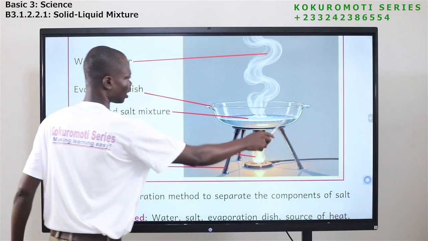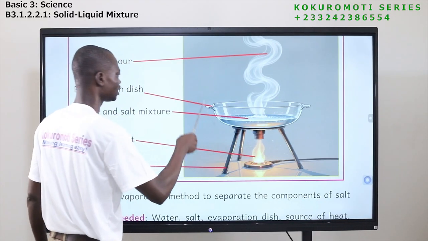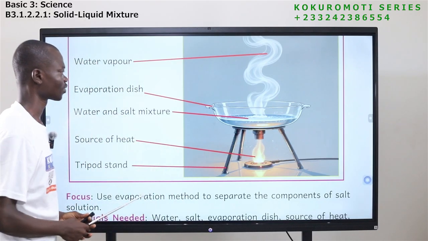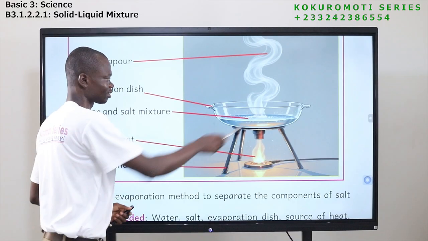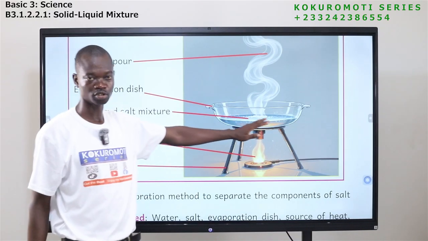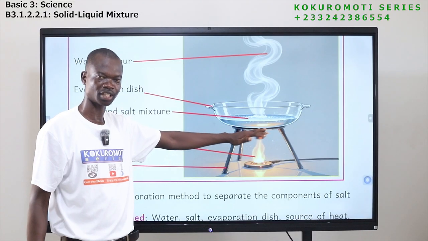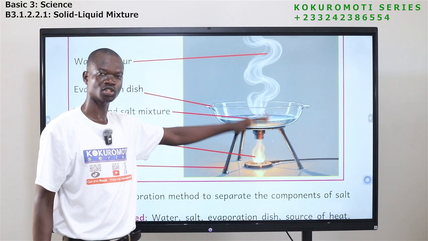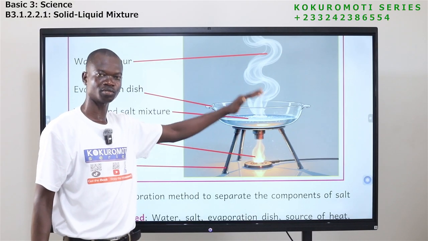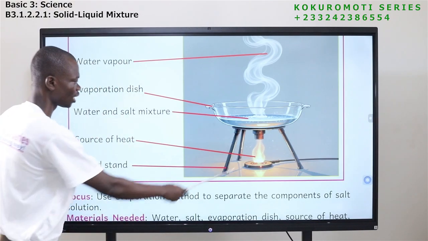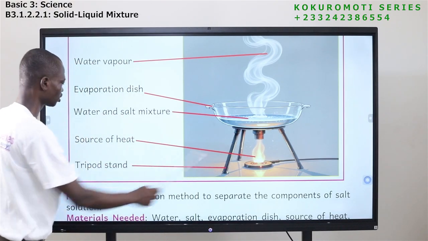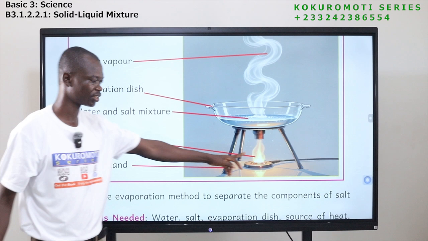Now we have our dish here. What we have inside is the solution, that is salt solution, a mixture of salt and water. We have here, this is what? Source of heat. So source of heat, fire.